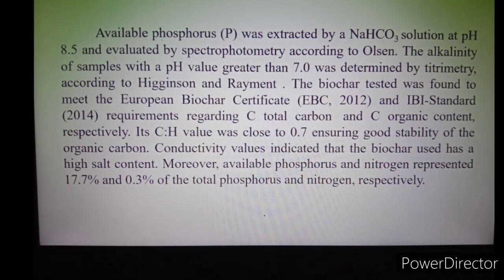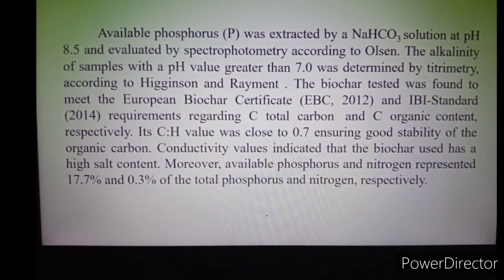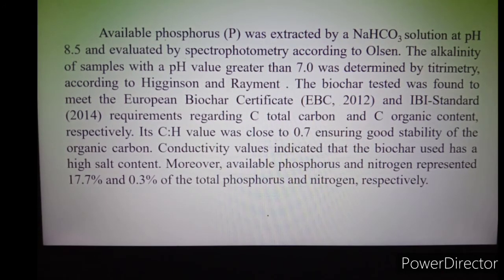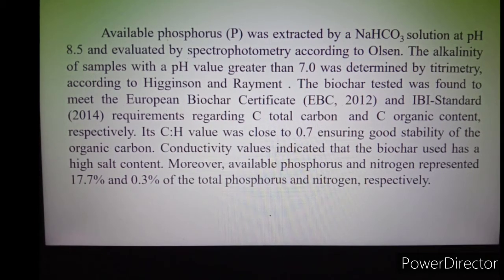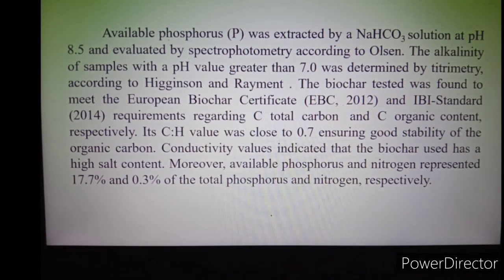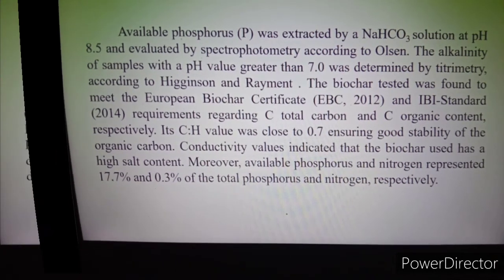Conductivity values indicated that the biochar used has a high salt content. Moreover, available phosphorus and nitrogen represented 17.7% and 0.3% of the total phosphorus and nitrogen, respectively.